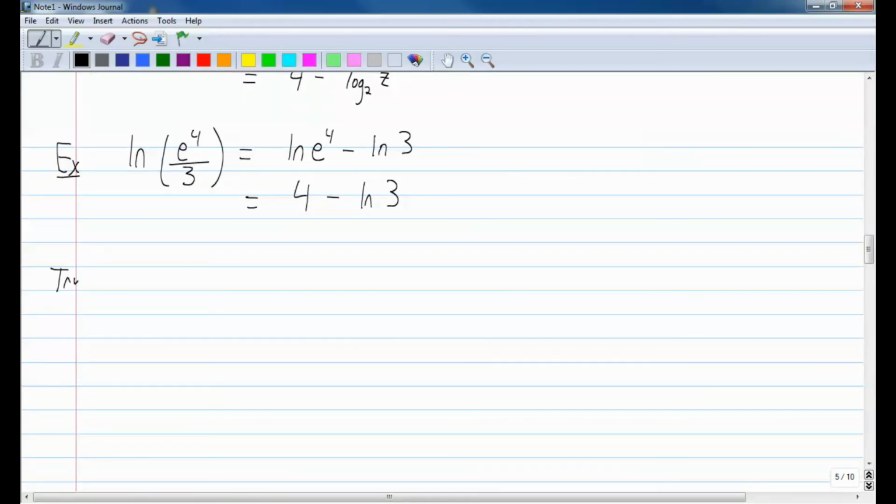So you try this one. The natural log of e to the 5th over 11.